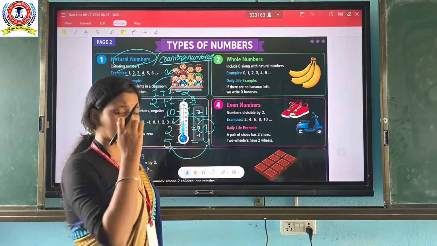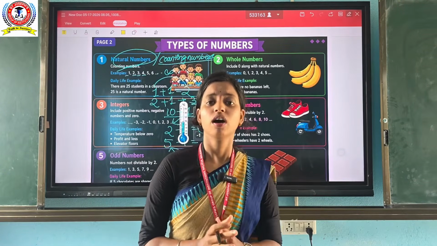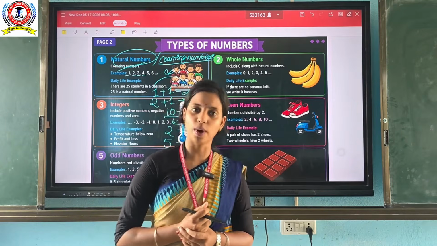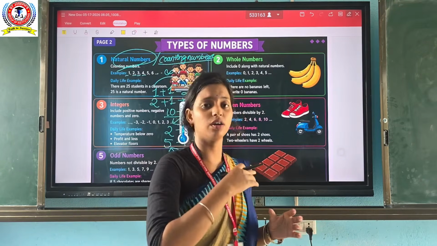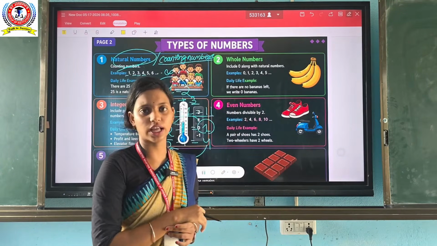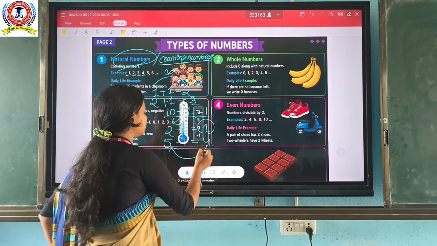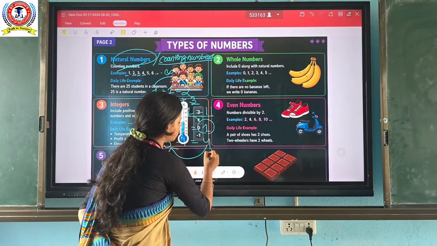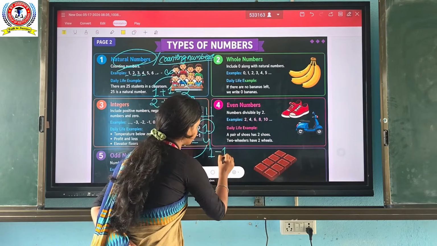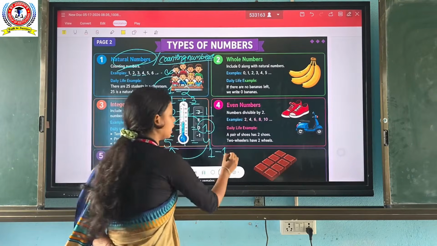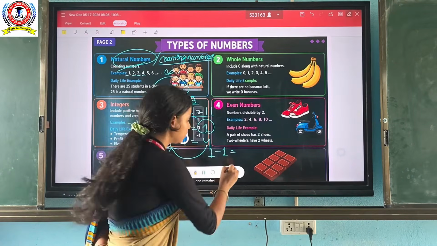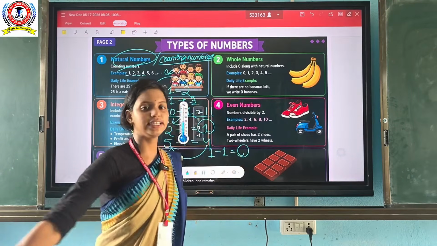So what is the predecessor of 1, or what exists below 1? 1 के पहले कौन सा नंबर था? To find the predecessor of 1, I have to subtract 1 from 1, so I get 0.